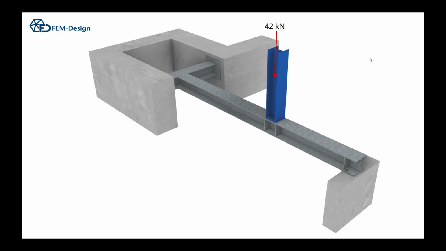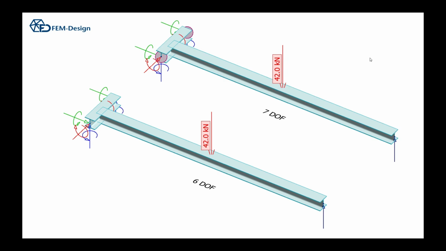If we take an easy example to understand, we want to design this support beam, which would be a structure usually given to a beginner. It's a really simple structure. We want to design the beam here, and we do it with two models: a 7 degree of freedom beam model, and a classical beam model, which has 6 degrees of freedom.